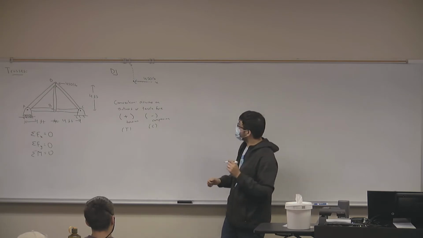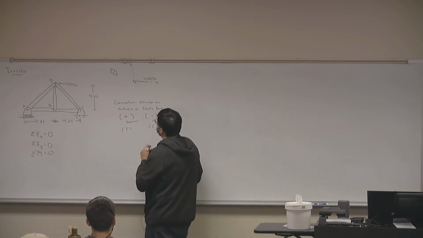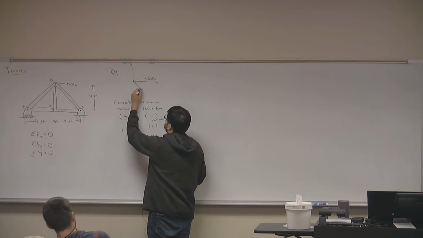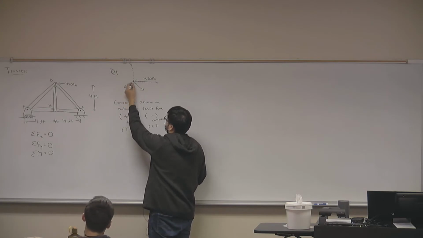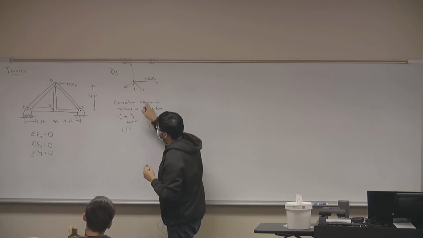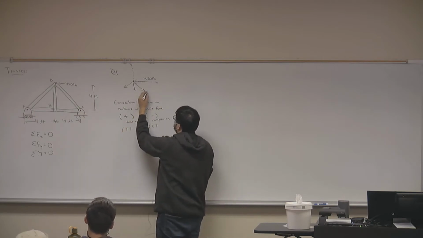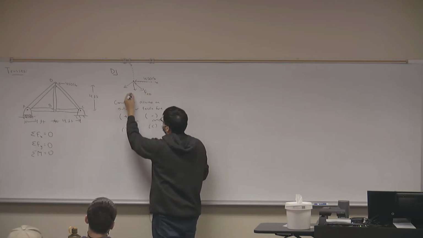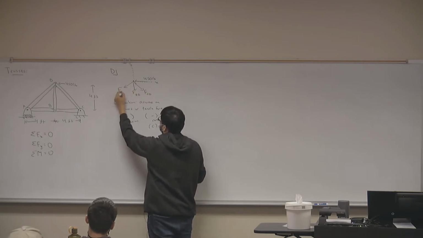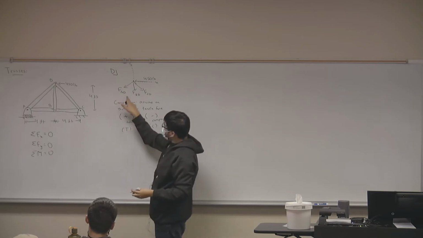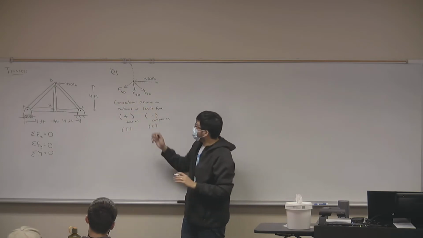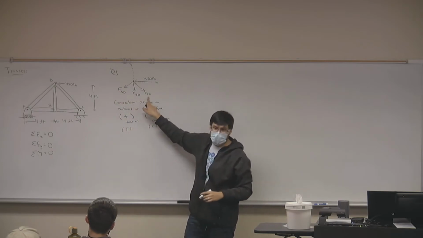Okay? So, I'm going to assume that my forces are all tensile, even though I know that not all of them will be. So I have a force from C to D. I have a force from B to D. And I have a force from A to D. Just convention, not necessary, but I just try to write these alphabetically so I don't get confused.